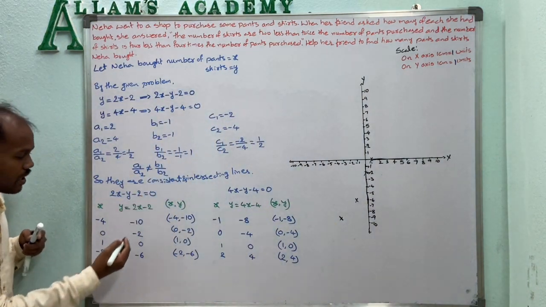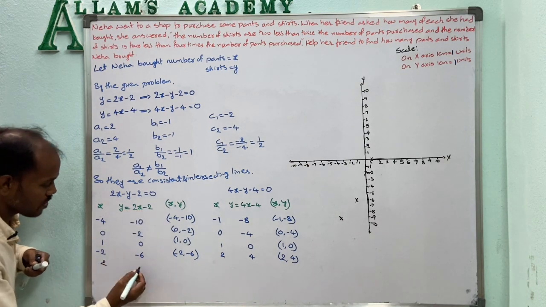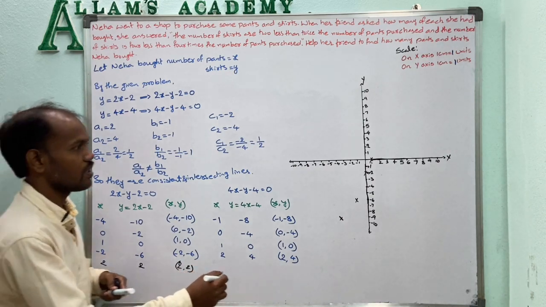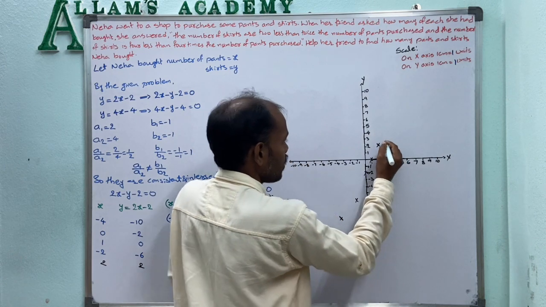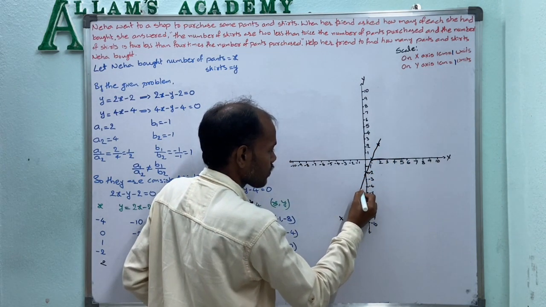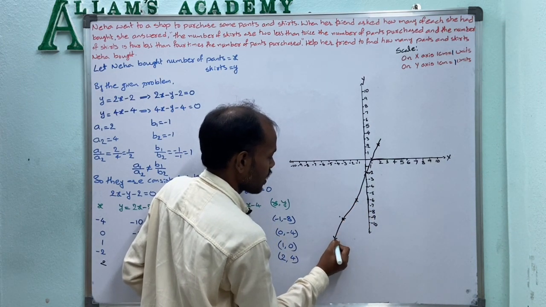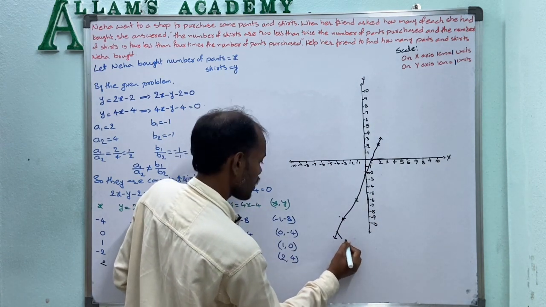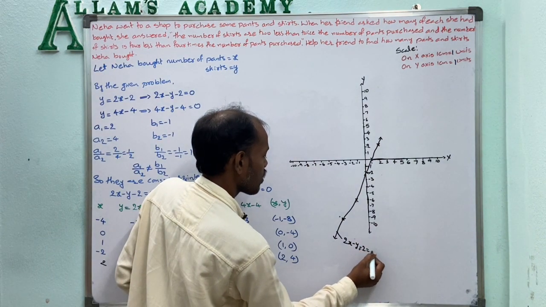If we substitute a positive value 2, 2 twos are 4, 4 minus 2 equals 2, so for 2, 2. Now if we join the points, we get a straight line, and it is 2x minus y minus 2 equal to 0.